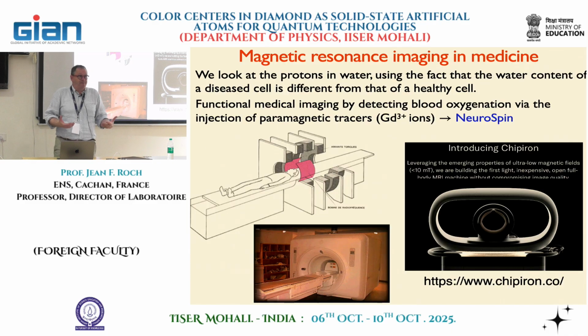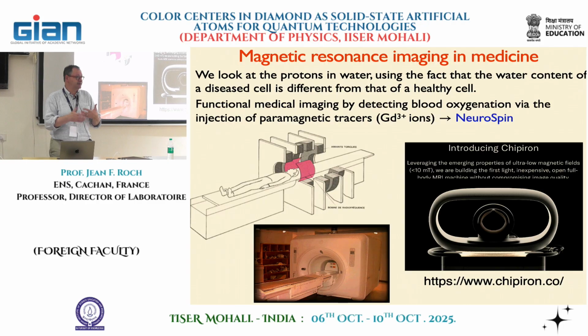You can do a lot of developments with that. For instance, what was invented, something you've certainly seen many images associated to, is what is called functional medical imaging. So for instance, you detect blood oxygenation using paramagnetic tracers. So we introduce gadolinium ions, for instance. These gadolinium ions will actually modify the T1 time.